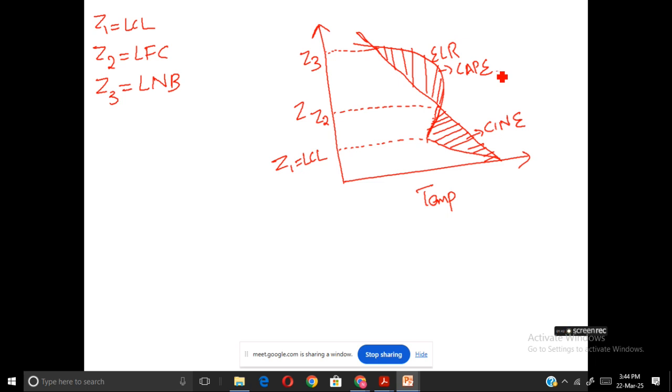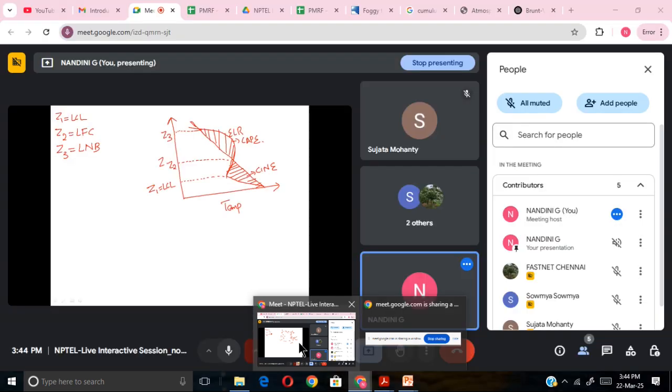So if we write it mathematically, from surface to LFC, the area within the curve is known as convective inhibition energy, and from LFC to LNB, the area under the curve is known as CAPE, or convective available potential energy.